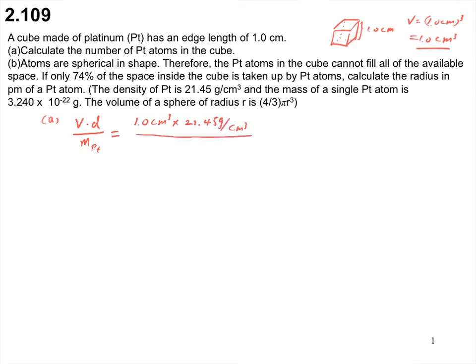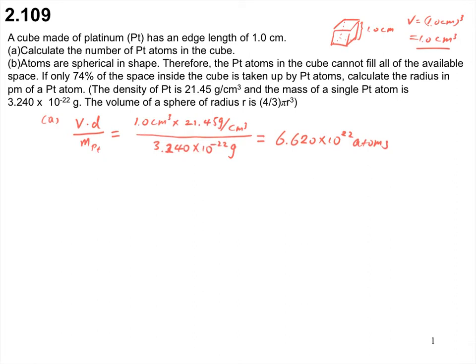We divide this by the mass of a single platinum atom, 3.240 times 10 to the -22 gram, and this gave us a number of 6.620 times 10 to the 22nd atoms. Okay, that's problem 1.